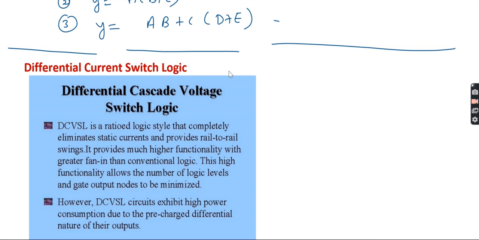This differential current switch logic is derived from a class of clocked differential cascode voltage switch logic.